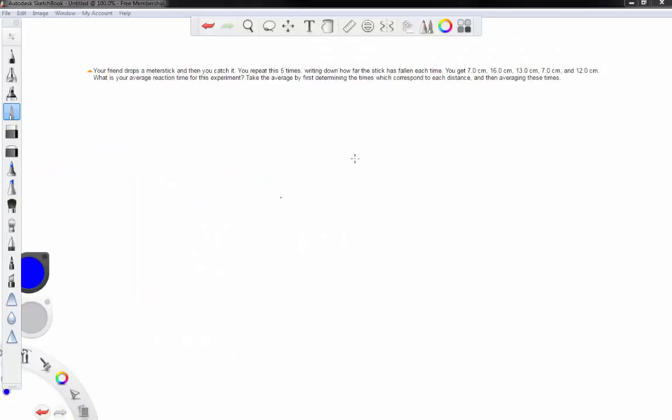Let's make ourselves a little table. We'll have the distance column and the time column. Distance is how far it falls, time is how much time that takes, and we can even have an average row at the bottom.